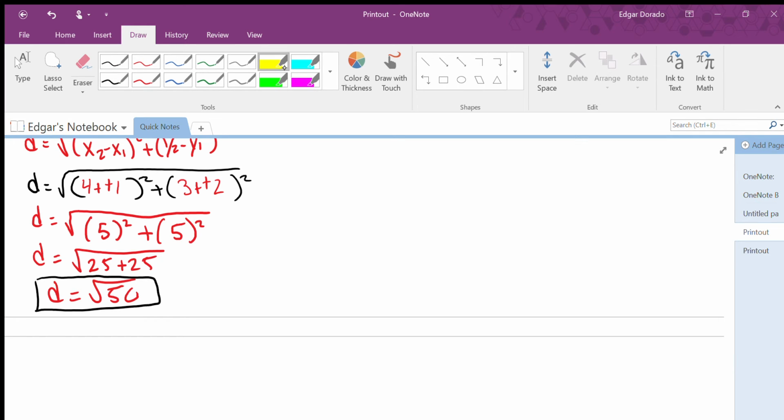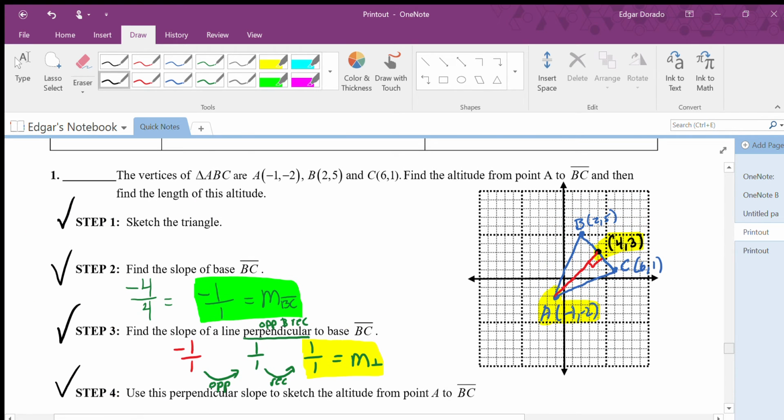So my distance, I'm going to go ahead and write that in, equals distance of my altitude. Alright, so that was my distance from my altitude, and in this case, we made an altitude coming from A.